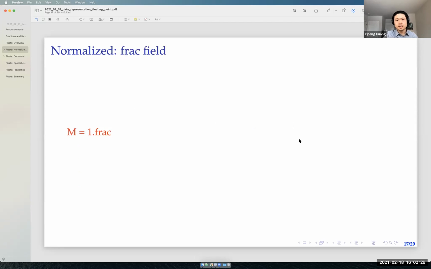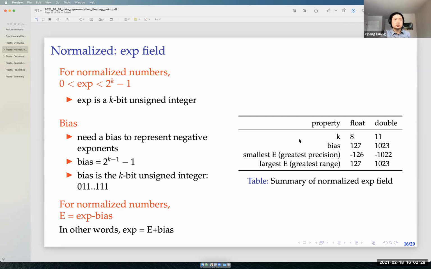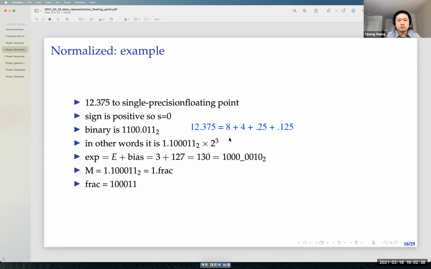How this connects to what we were talking about is how you encode the exponent in the EXP field. Here, that corresponds to how do we encode 3 in the EXP field. The EXP field needs to encode both positive exponents and negative exponents, and so we shift the whole number by a bias.